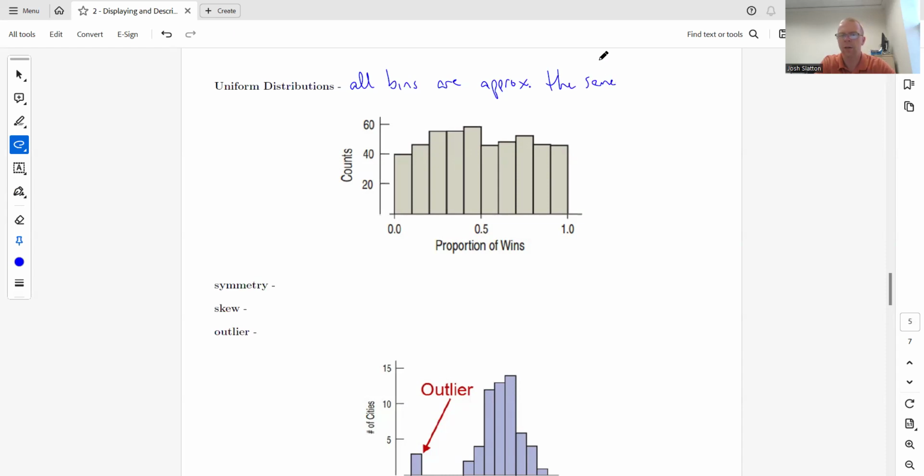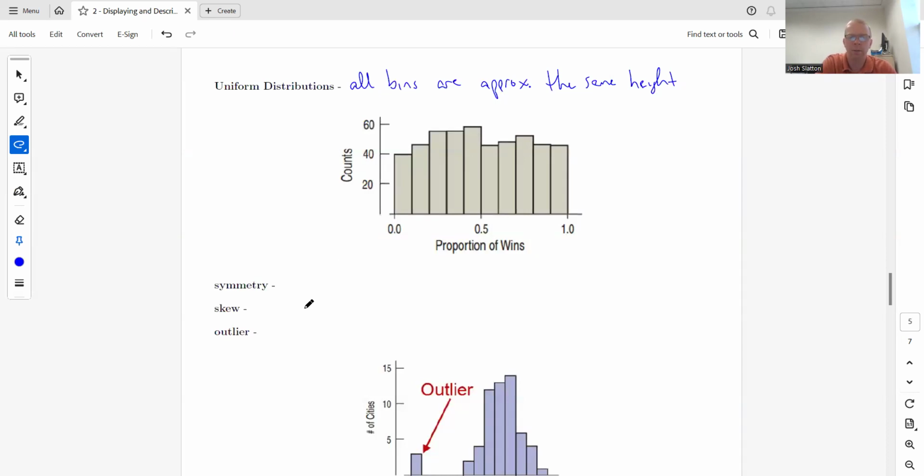And kind of like the mode, they don't have to be exactly the same height, but if you look at this one, there's none that stands out much higher than the rest. Obviously there's a little bit of differential. You're never going to have a perfectly uniform distribution in real life anyway. But if they're all kind of the same height, there's no one that you could call a mode, then you would say it's more uniform.